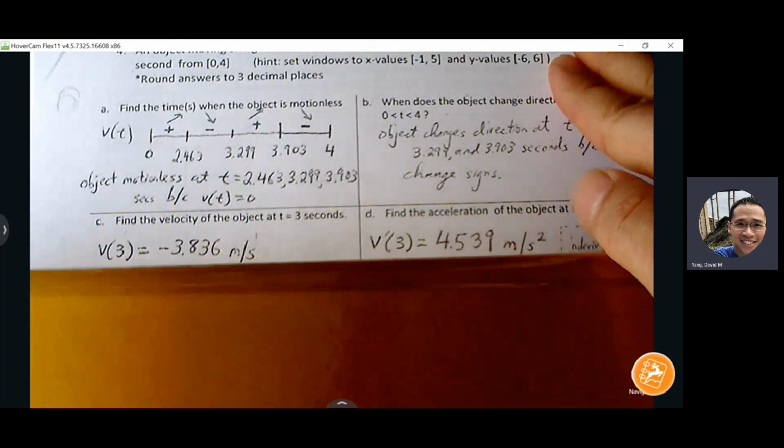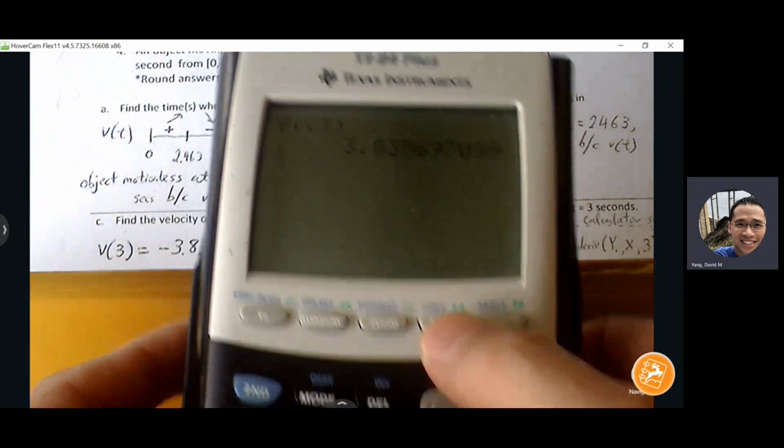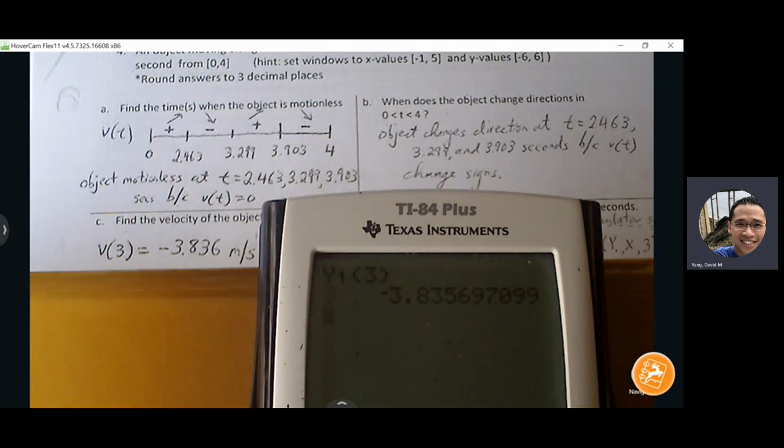So velocity is negative 3.836 meters per second. Again, alpha trace will allow you to select from the Y variables you have stored.